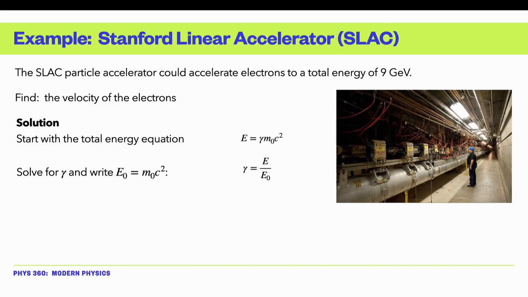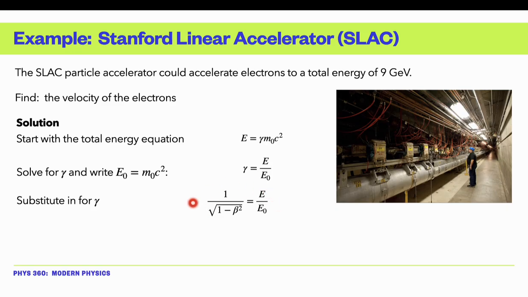To solve for gamma, we're going to divide both sides by mc squared. So gamma is the total energy over E naught. We're going to use beta instead of v over c just to make it a little bit simpler. So we've got 1 over the square root of 1 minus beta squared is E over E naught. We know the energy of the electrons and we know the rest energy of the electrons.